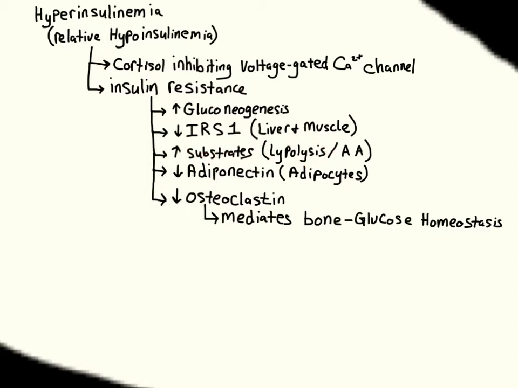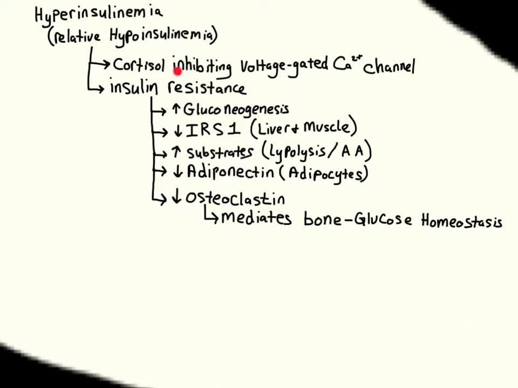You get lipolysis and amino acids in the muscles from ubiquitin. You have a decrease in adiponectin. That's in the adipocytes, and the adiponectin is basically how the adipocytes respond to insulin. So IRS1 in the liver and muscle, adiponectin in the adipocytes. Then you have a decrease in osteocalcin, and this mediates the bone glucose homeostasis. So there are 5 basic etiologies of insulin resistance.